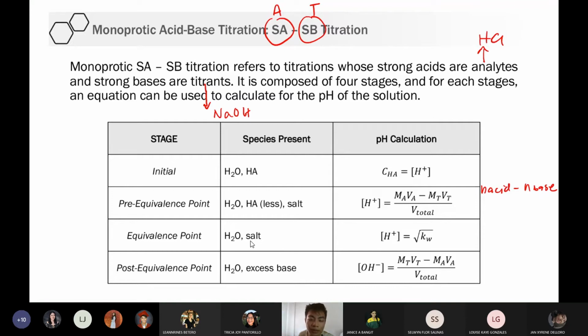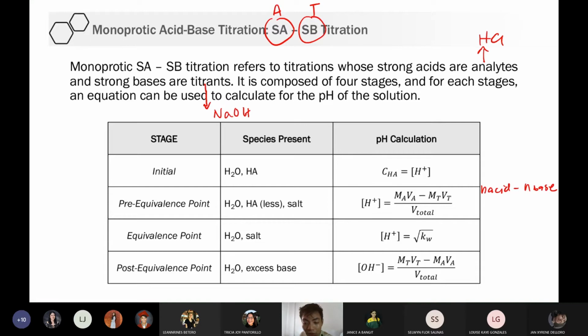So of the two chemical species, which of them will contribute to the pH of the solution? Yung salt ba or yung water? Ang sagot ay yung water. Okay? Kasi we assume yung salt ions na lang yan floating around. Okay? So yung water, that is the major species that will contribute to the pH of the solution.